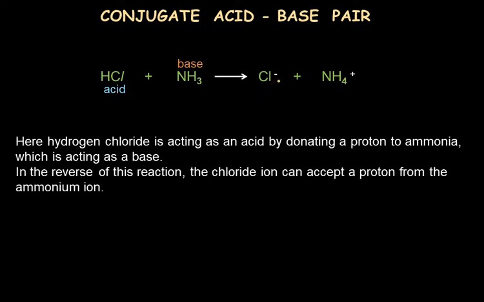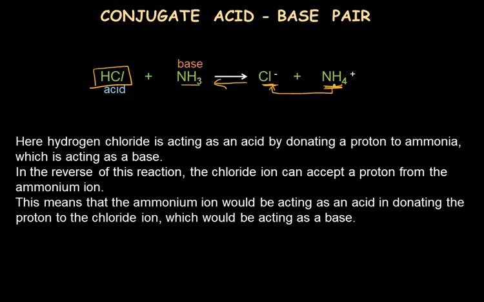Now if we think about the reverse reaction, when chloride ion reacts with the ammonium ion, chloride ion is accepting the hydrogen ion from the ammonium ion so that it can form HCl, and ammonium ion is donating its hydrogen ion to the chloride ion to form back the ammonia.